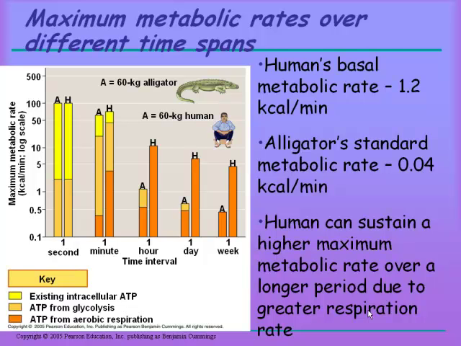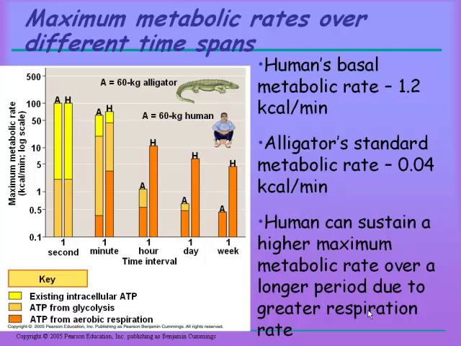So here we're comparing an endotherm, humans, with an ectotherm, the alligator. Human metabolic rate, 1.2 kilocalories per minute. Okay, pretty high metabolic rate compared to this ectotherm alligator.